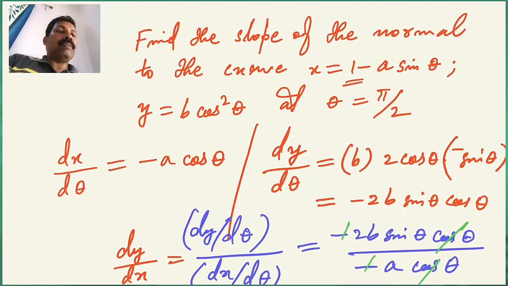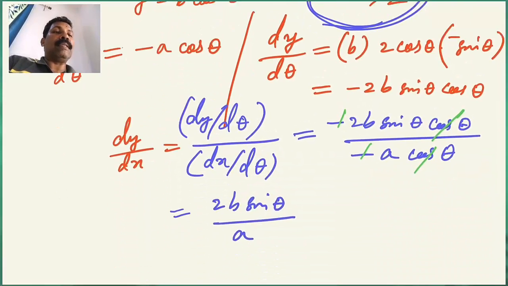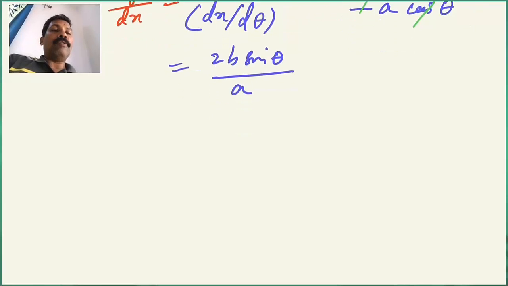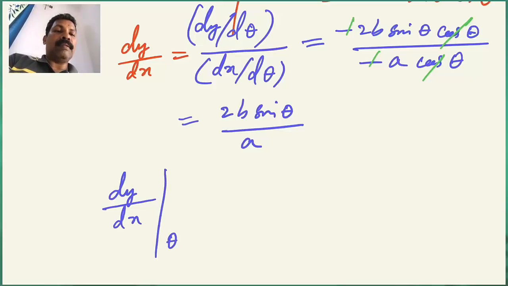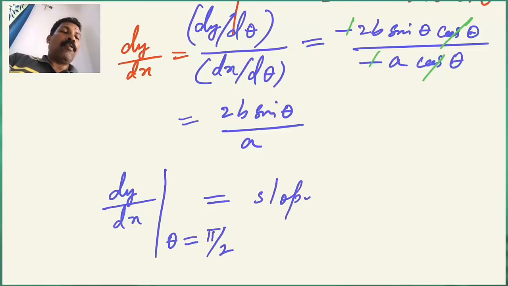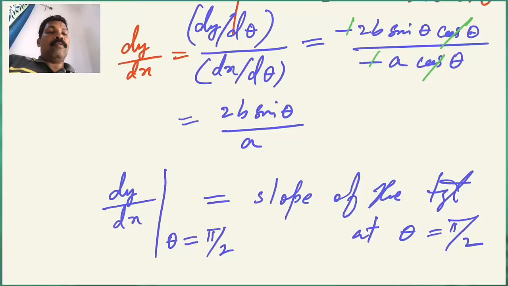And we are given the point theta is equal to pi by 2. So we have to evaluate dy by dx at the given theta value, that is pi by 2. That will be the slope of the tangent at theta is equal to pi by 2 on the curve.